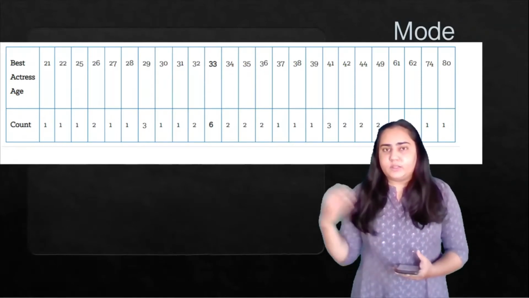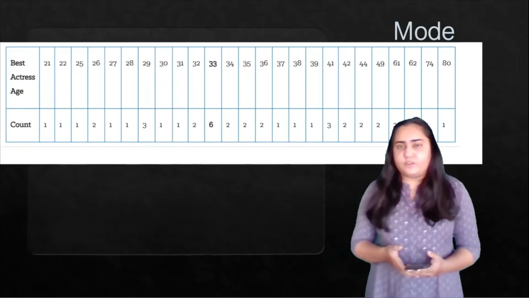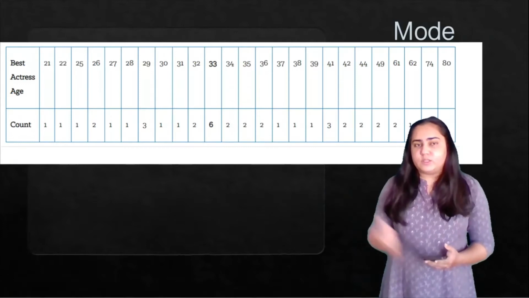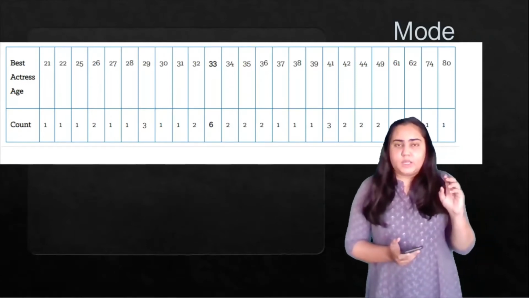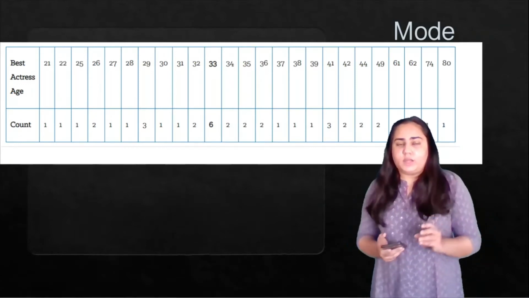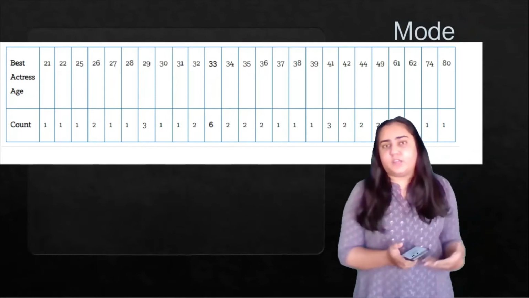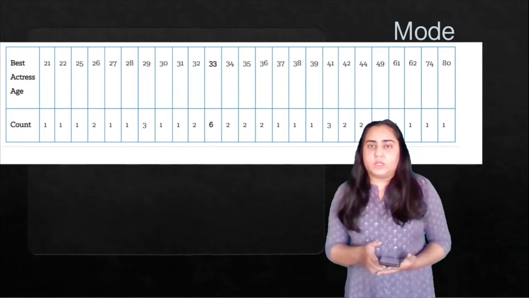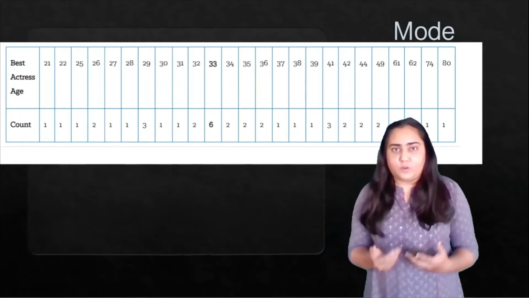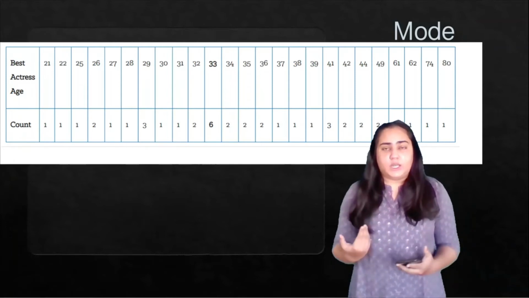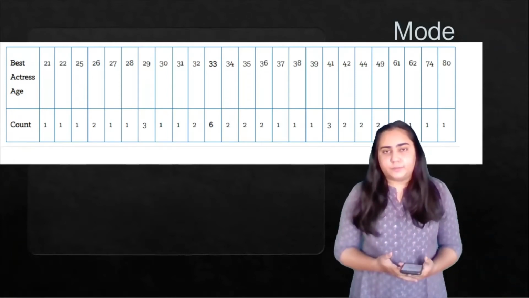Based on those ages, we have found the frequency. So you can see different frequencies: for this particular age, how many actresses got an Oscar. If an actress is 45, how many actresses who were 45 years old got an Oscar between 1970 and 2013?